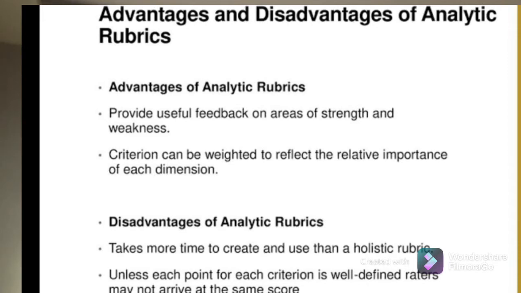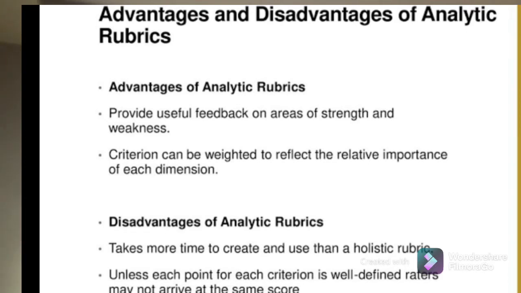But it is also adaptable for summative assessment, and if you need an overall score for grading, you can combine the scores of the separate criteria because an analytic rubric deals in great detail with each criterion of the entire performance.